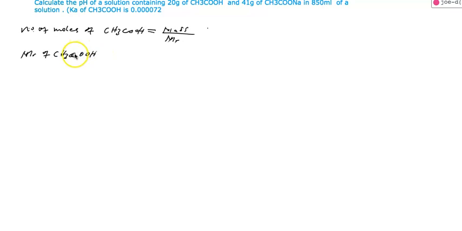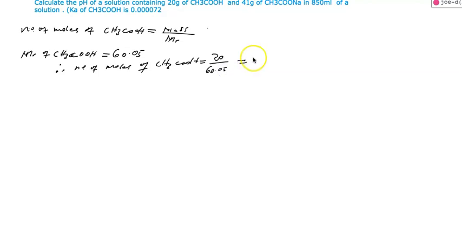That is 60.05. Okay, and therefore number of moles of our acetic acid will be equal to the mass, which was given to us as 20 grams, divided by 60.05, which is equal to 0.33 mole.